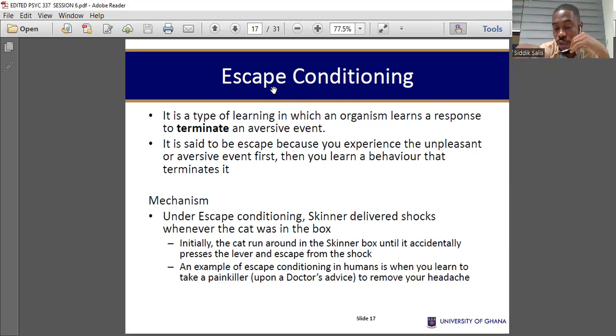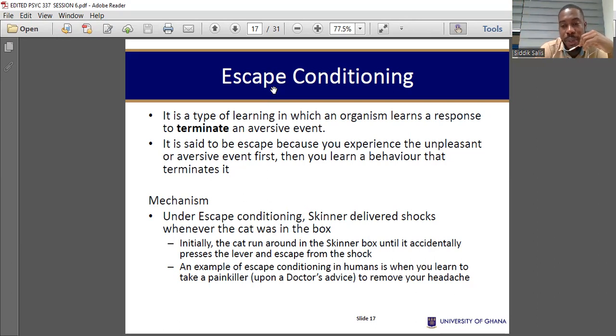It's already there. What do you do? You go to your wife or you go to your husband. So with that one, the thing has already happened. How do you escape from it? How do you get out of it? So that is escape conditioning. And I've given you examples such as itching, hunger, pain, or feeling for sex and all that.